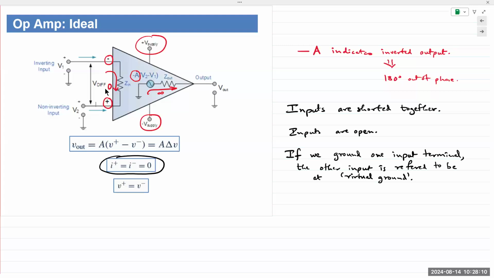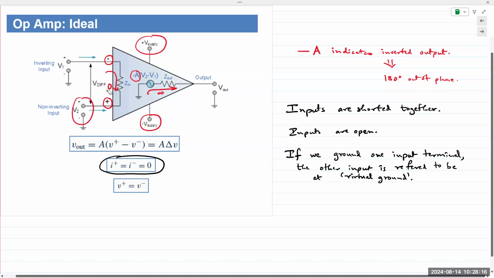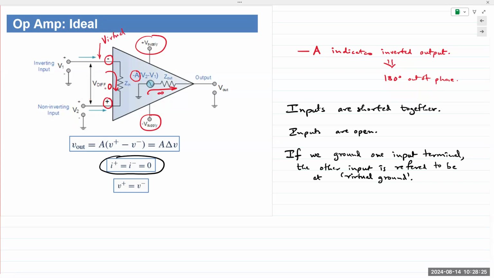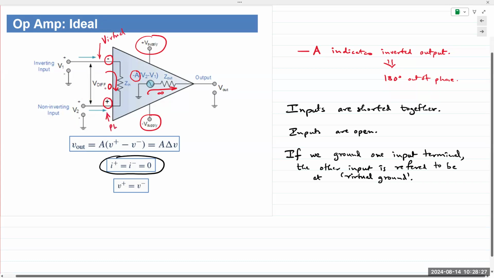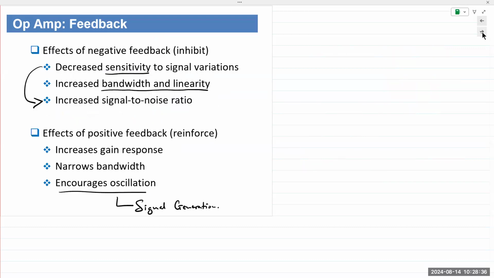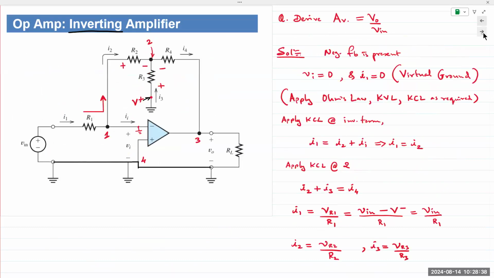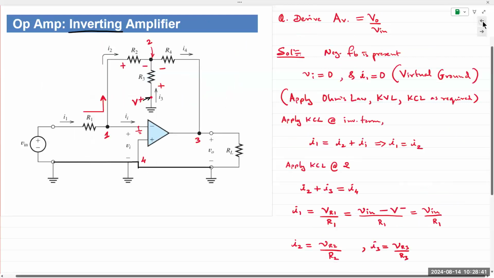And if the voltage is 0, meaning it's the same, we can extend the concept. There would be a physical ground at the non-inverting terminal, and we can say the inverting terminal has a virtual ground. So if this is connected to ground, it might be a physical connection, and the other end would be virtual ground. That's the concept of virtual ground, meaning both terminals are shorted together.